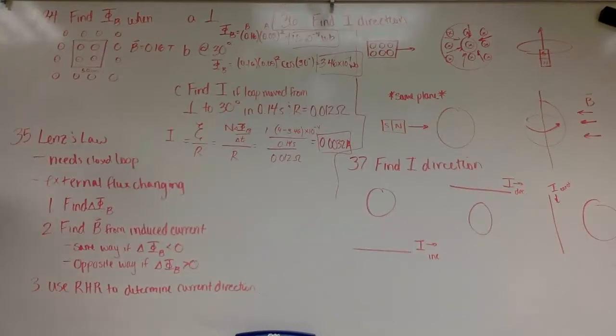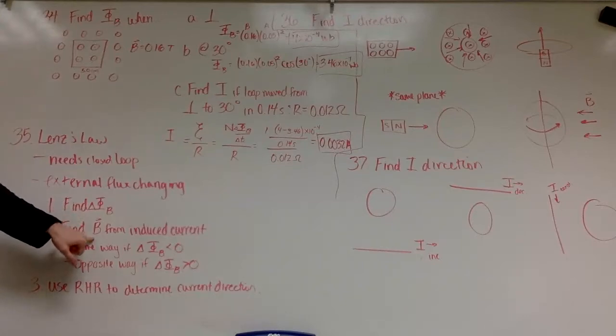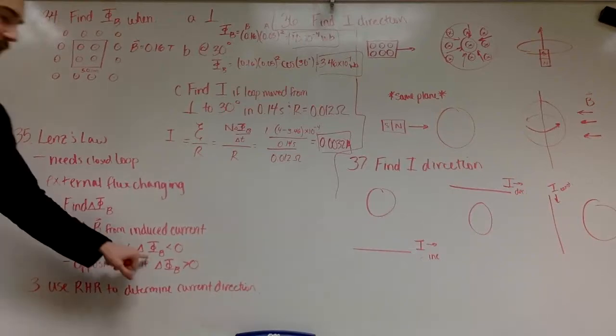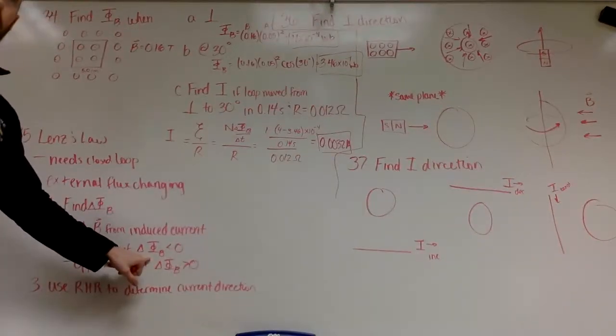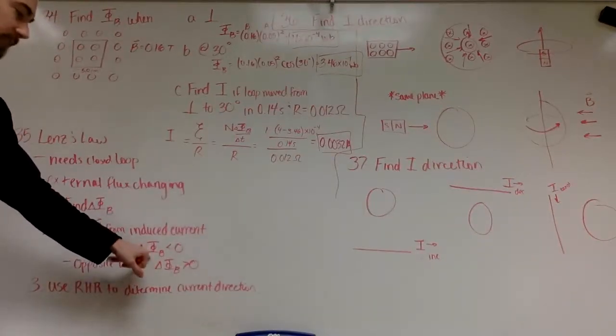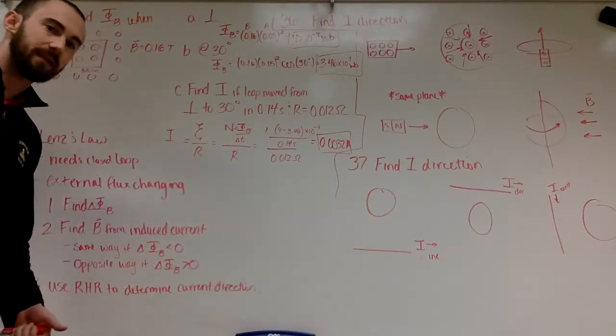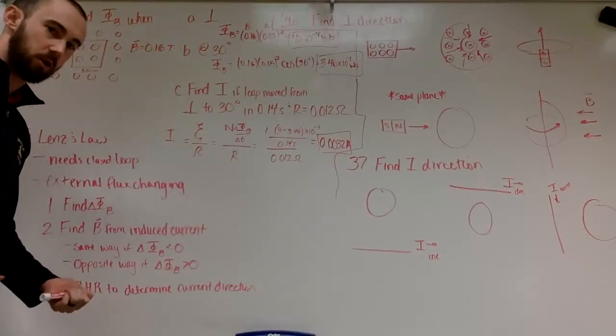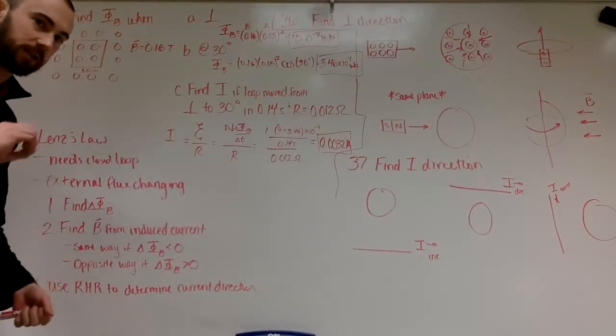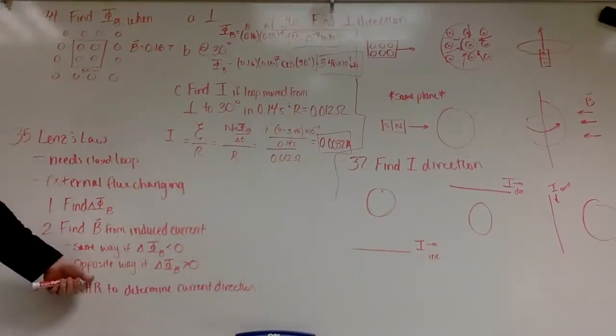So we have a loop. Our flux is changing. What we need to do is find what the change is. This is going to give us our magnitude. Then we need to find the magnetic field from the induced current. If our flux is decreasing in value, then our loop is like, I don't like that, and it's going to create a magnetic field in the direction it's already going to try and keep the flux change to be 0.